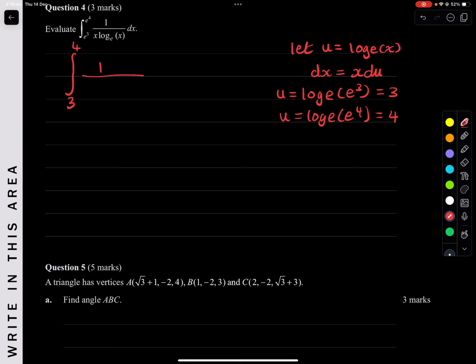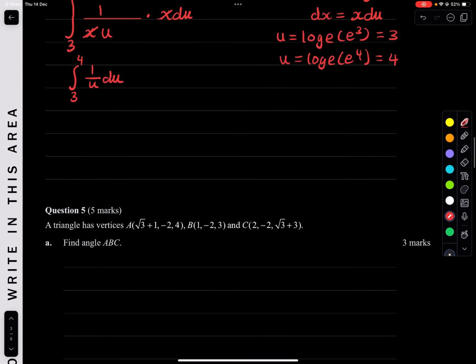So 1 over x, we know log e of x is just u, so we can put u in there, times your dx. We said that it's x du. Hence we can cancel those x's out. Hence your final integral from 3 to 4 of 1 over u du, which is very easy to simplify.